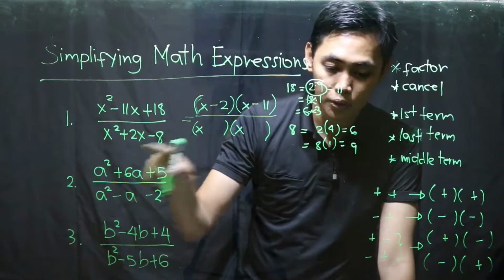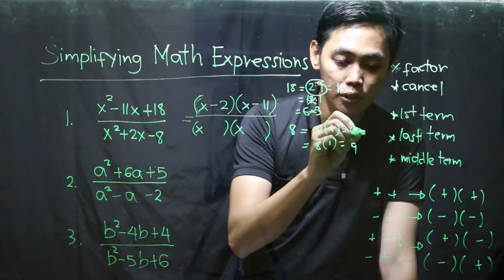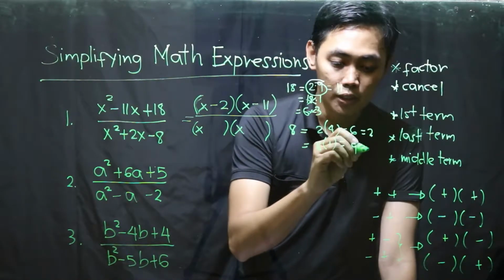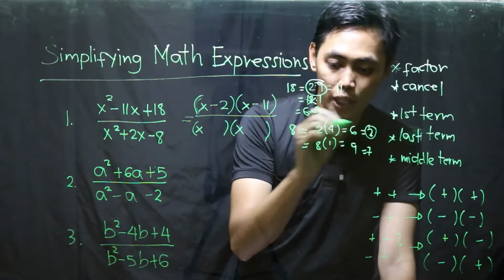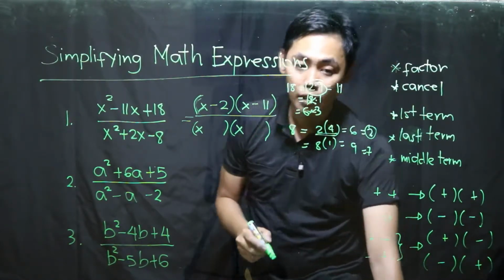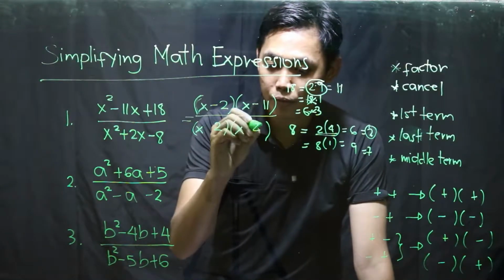Do we have 2? No. So we need to subtract: 4 minus 2 is 2, and 8 minus 1 is 7. So we have 2 here, so we will use this factor. Okay, so we have 2 and we have 4.